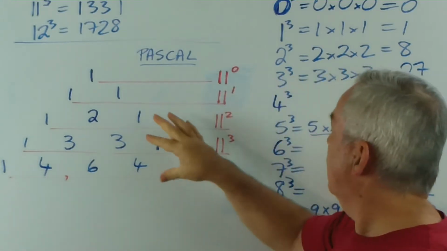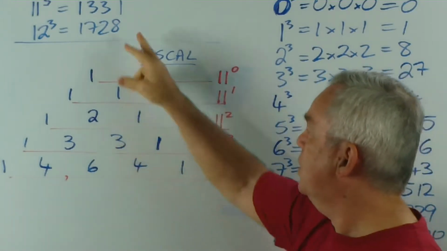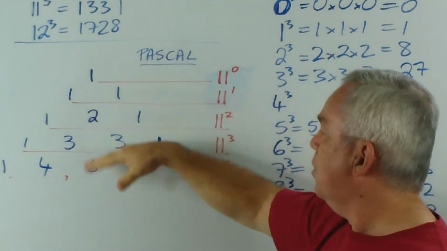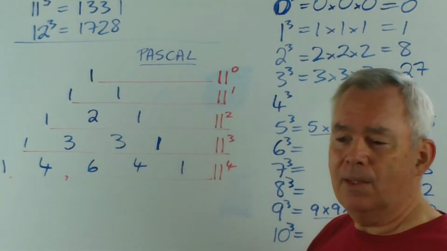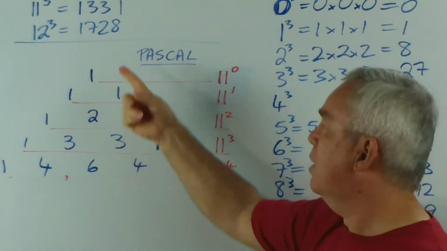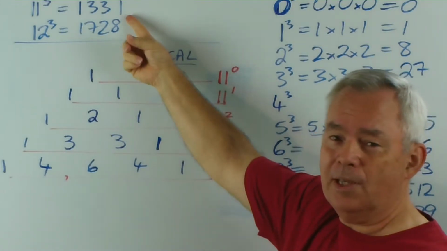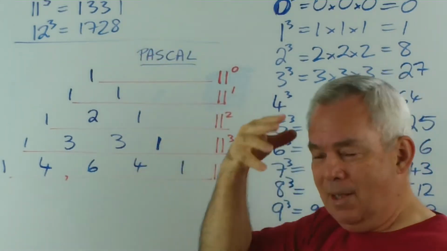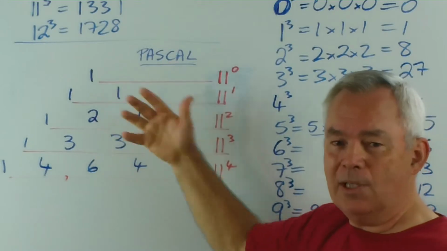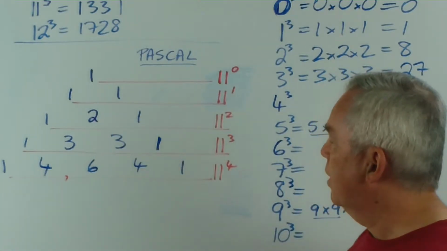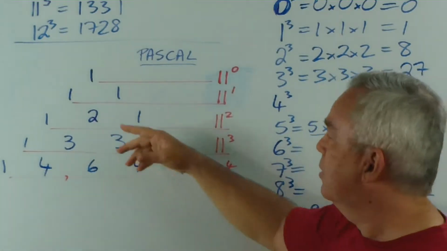So, when I'm thinking powers of 11, and particularly 11 cubed, I think of Pascal's triangle. And to be honest, I think every time this number crops up in my calculations, I have this fleeting thought of Blaise Pascal and his triangle. I hope it helps for you as well.